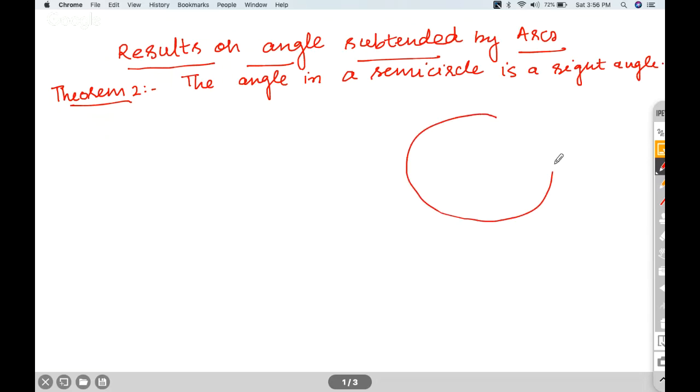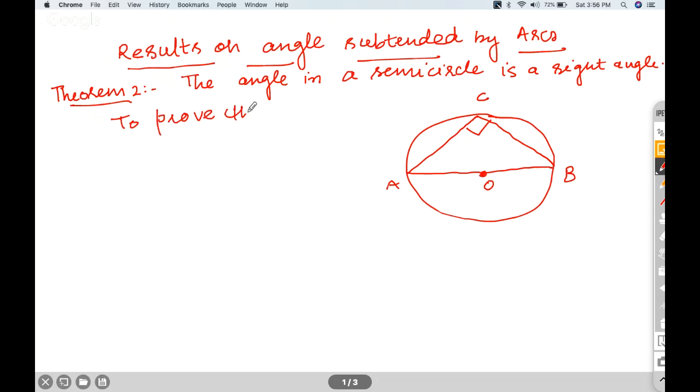So I draw a circle and then I draw a diameter, and this is point O, this is point A, this is point B, and then I draw an angle here. I have to prove that angle ACB is equal to 90 degrees. So try to understand how I prove this.